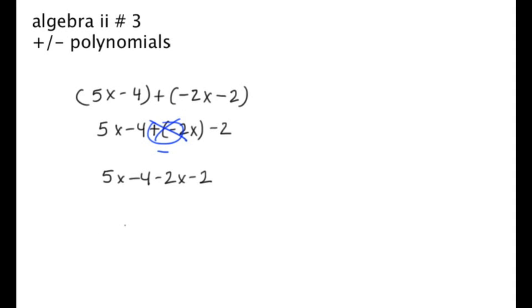So now what we do is we group like terms. Like terms have the same variable and the same power. For example, if it was 3x and 5x, that would definitely be like terms, and you could add and subtract those.